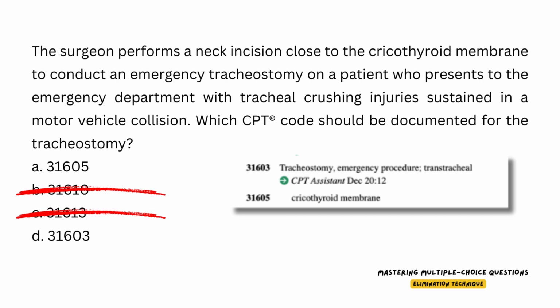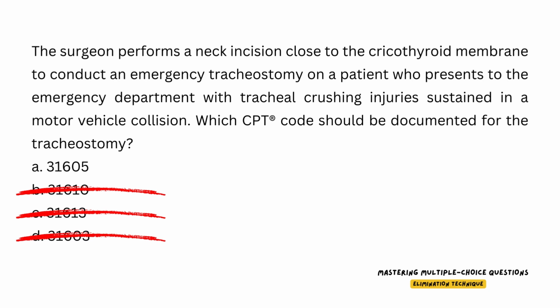In this particular case, 31603, while it is an emergency tracheostomy, is one where the approach is through the trachea or transtracheal. In this scenario, we do not find any mention of transtracheal nor words that connote that approach. As such, last to be eliminated is letter D, 31603.